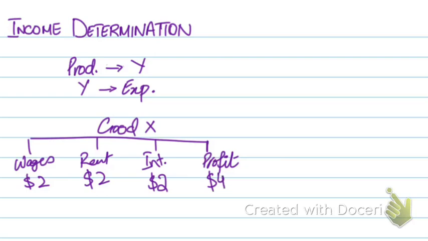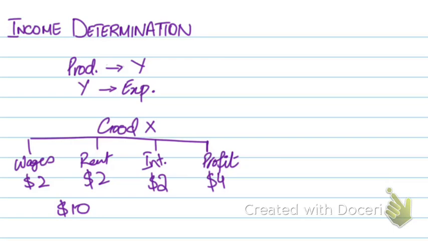So his total income, right, will be what he sells this good X for. So summing up all the costs, that's 2 plus 2 plus 2, and his profit margin of 4, he sells it for 10. So $10 is the expenditure a household makes on good X, right?